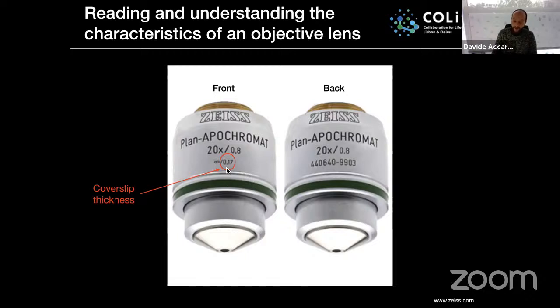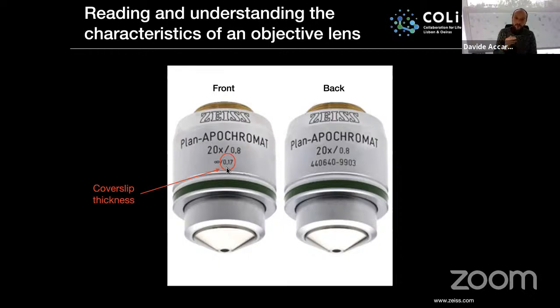So you have to know, and you should consider, if you haven't done so so far, from this moment on, you should consider the cover slip that you use to mount your sample as part, or let's say the last element, of your objective lens, because these highly corrected objective lenses are engineered to face a cover slip that is exactly 0.17 millimeters thick, okay?